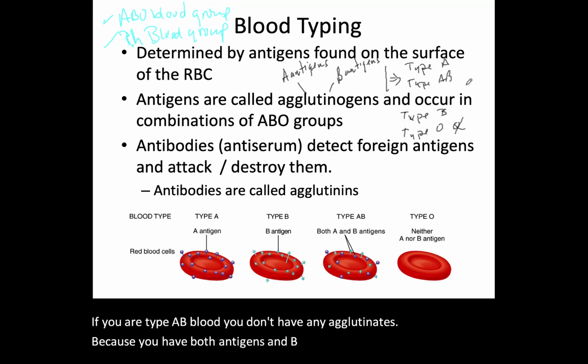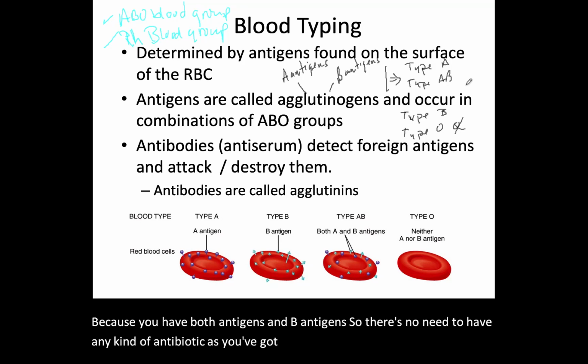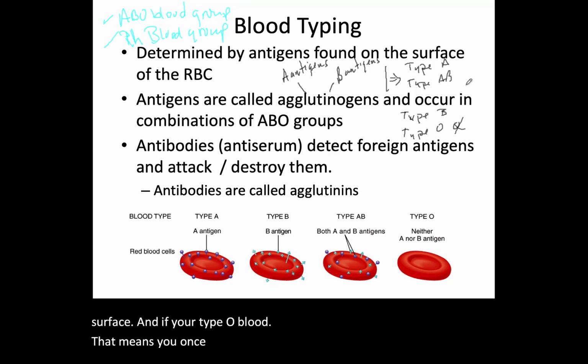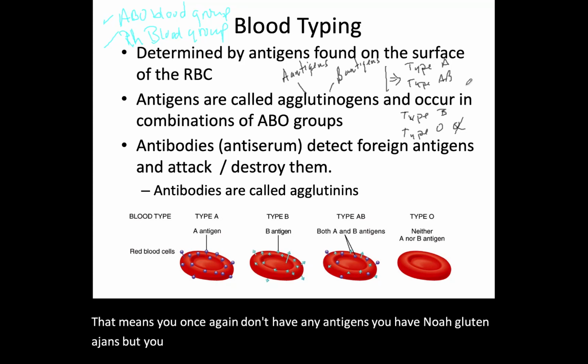So there's no need to have any kind of antibody because you've got both antigens present on your surface. And if you're type O blood, that means you, once again, don't have any antigens. You have no agglutinogens, but you do produce both A and B agglutinins or antibodies.